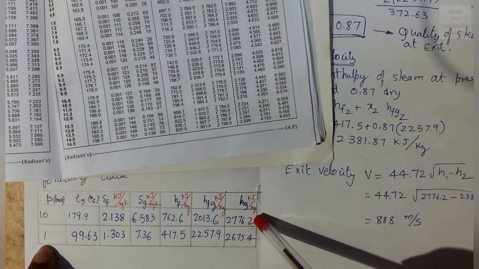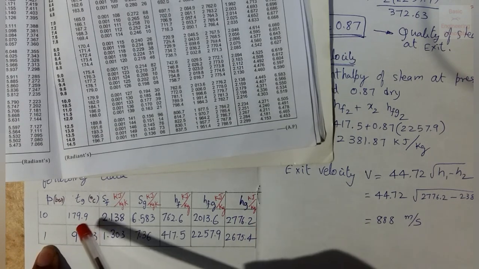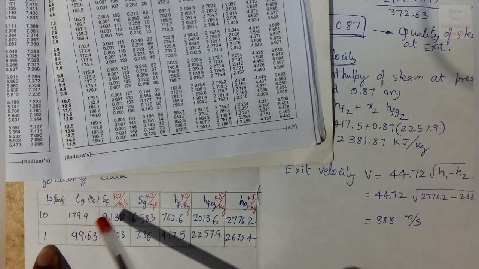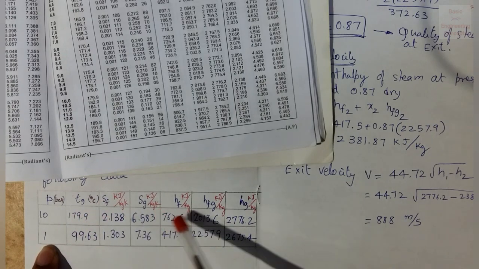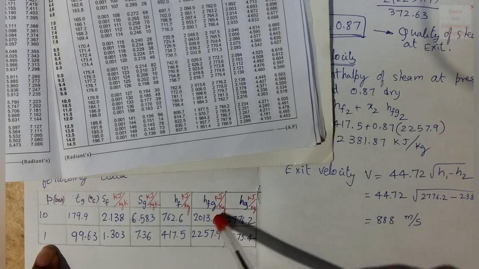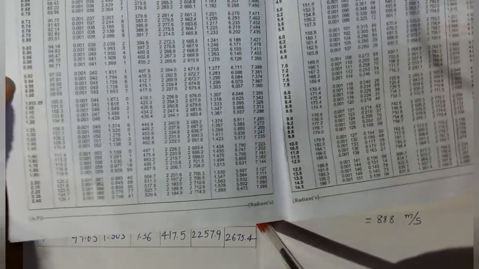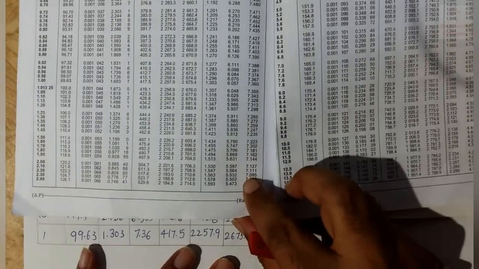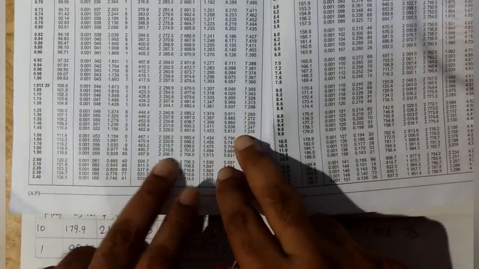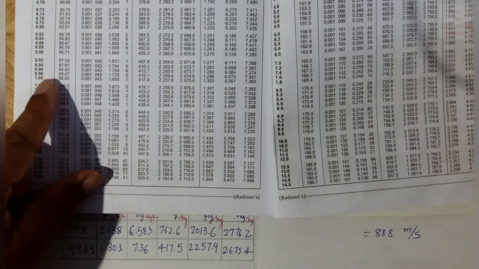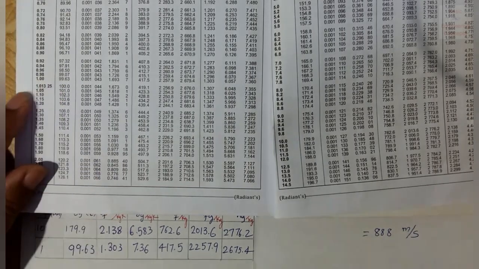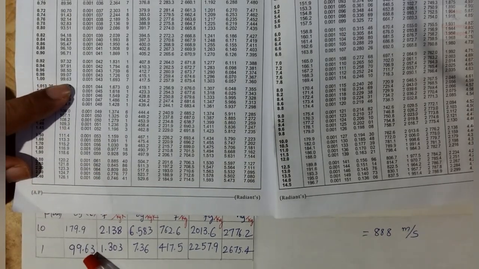Similarly, we have to find at a pressure of 1 bar the corresponding values of Tg, SF, SG, HF, HFG and HG. So at 1 bar pressure, 99.63 is the temperature value.